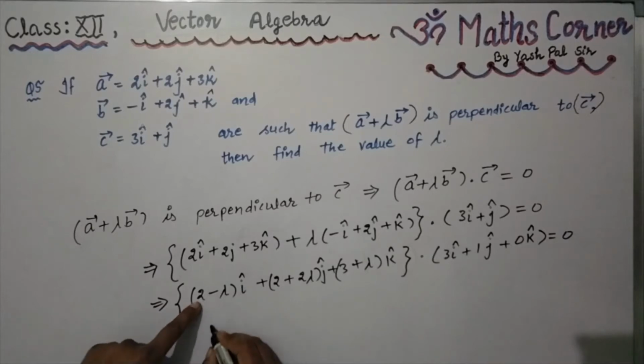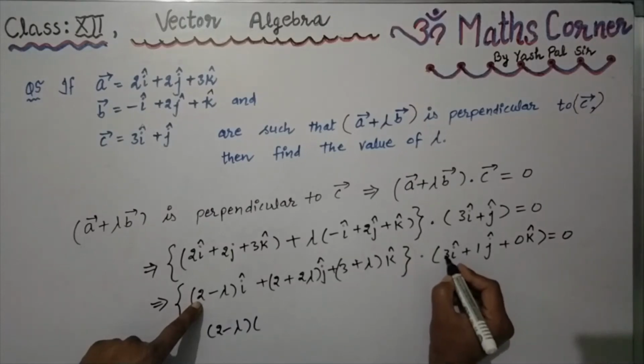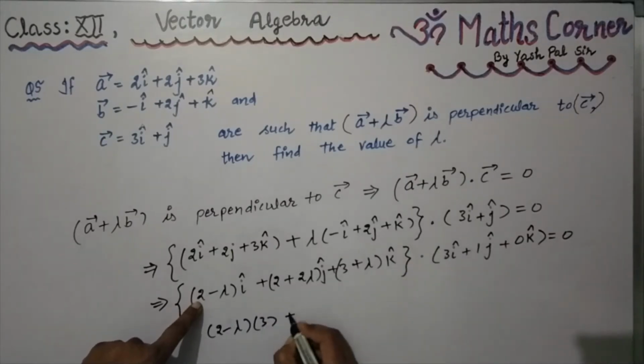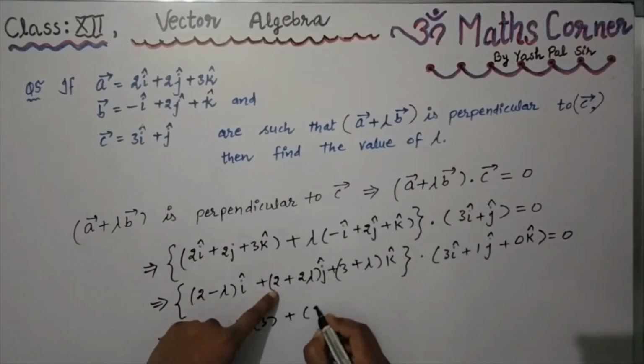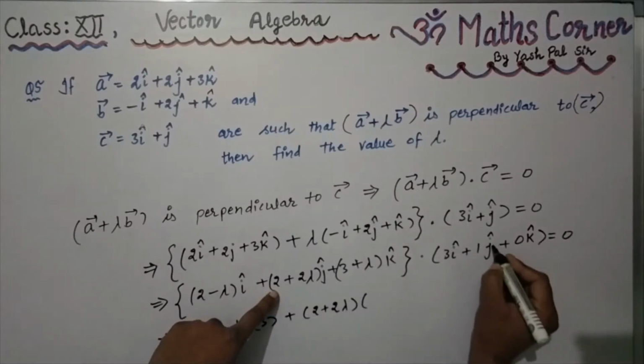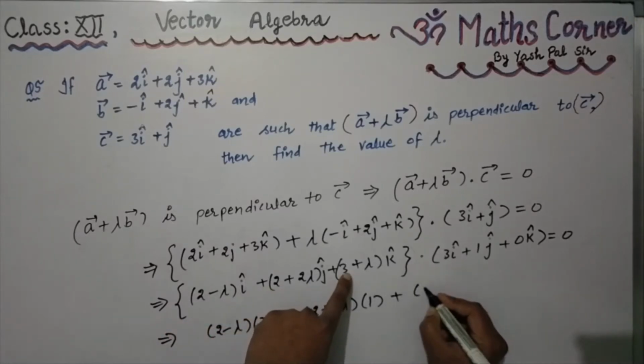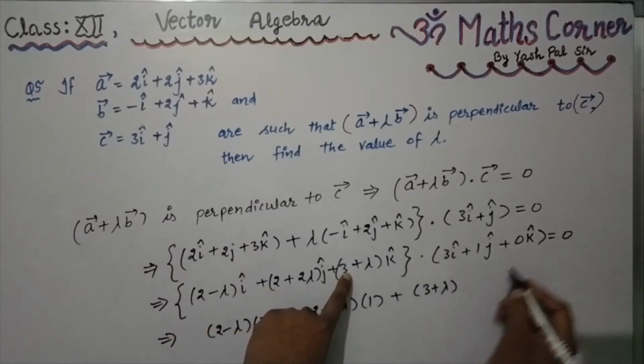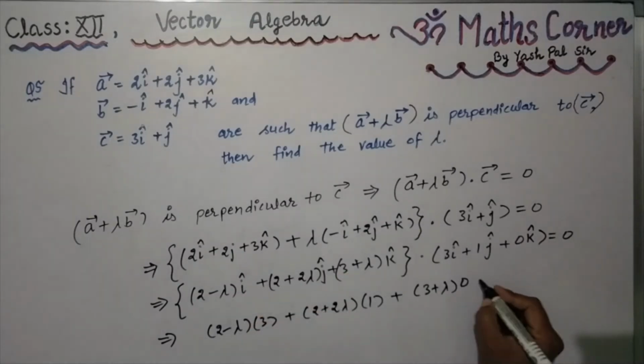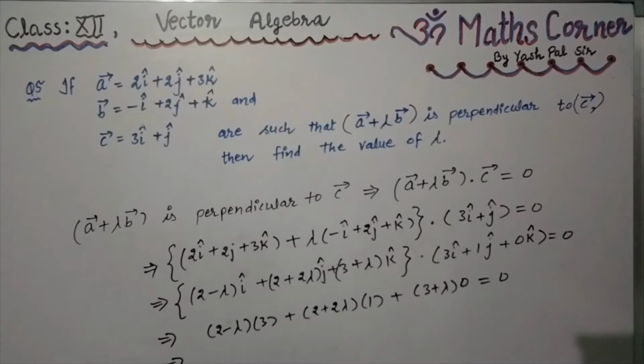So now coefficient of i is 2 minus lambda into coefficient of i is 3, plus coefficient of j is 2 plus 2 lambda into coefficient of j is 1, plus coefficient of k is 3 plus lambda, here coefficient of k is 0, is equal to 0.